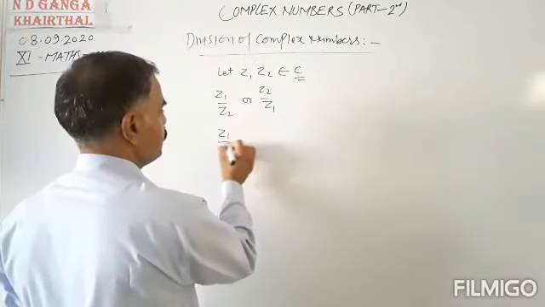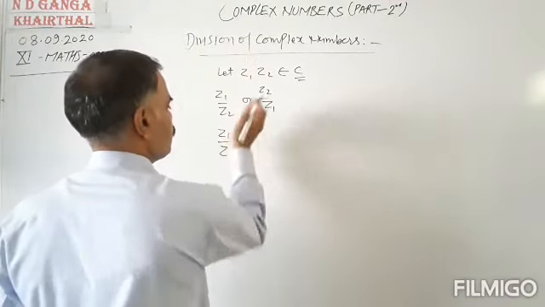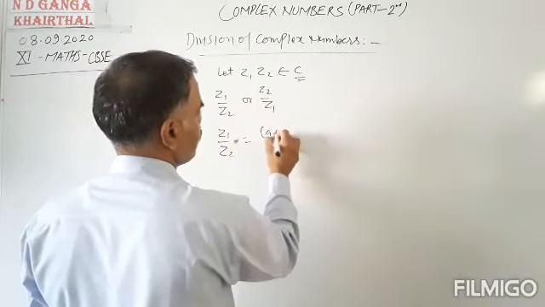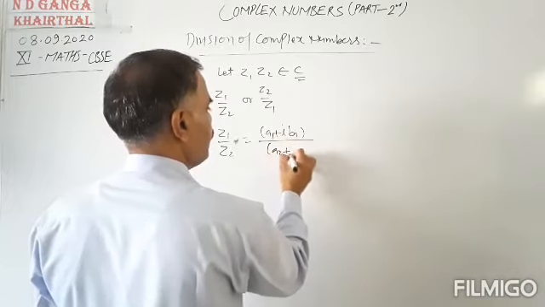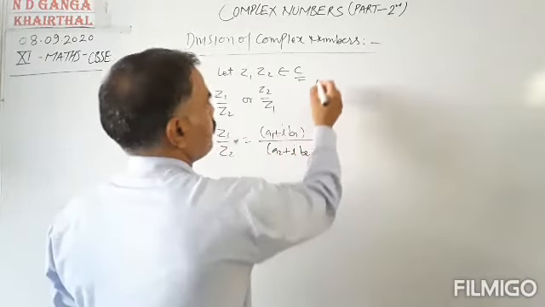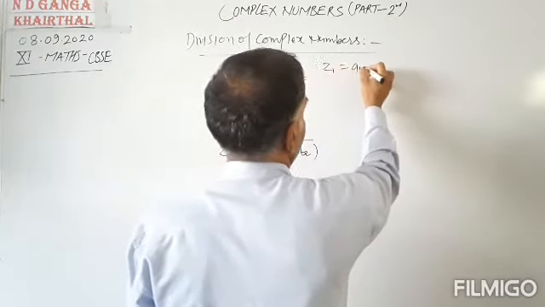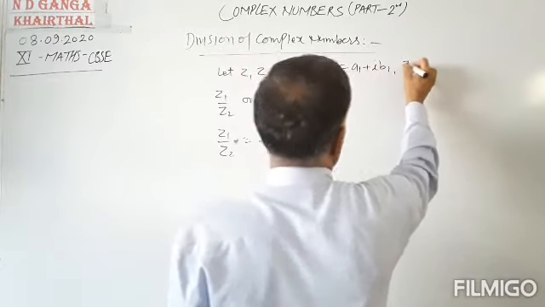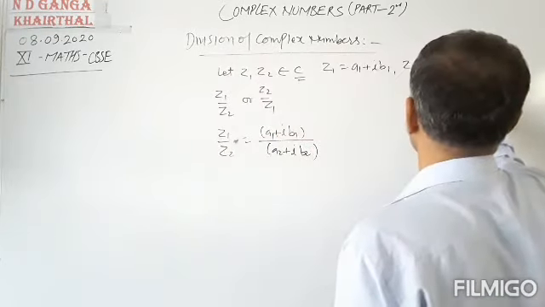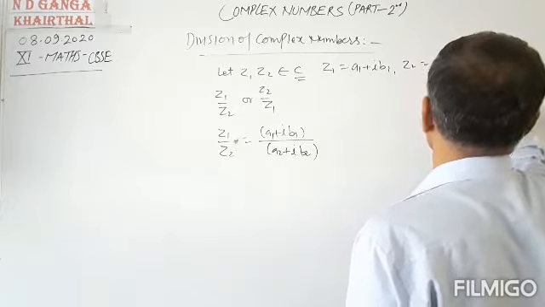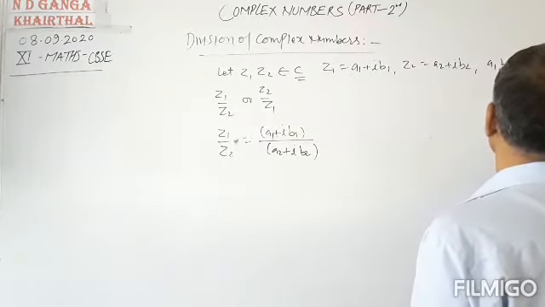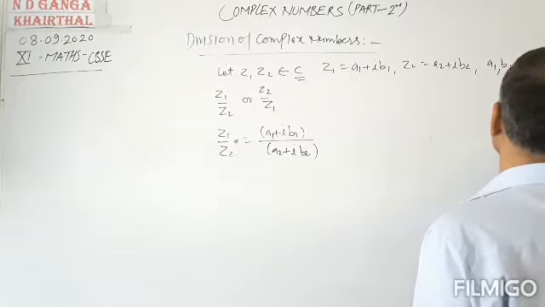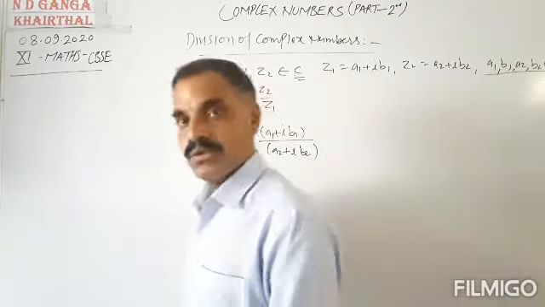That is z1 upon z2, and z1 upon z2 equals a1 plus iota b1 divided by a2 plus iota b2. Here z1 equals a1 plus iota b1 and z2 equals a2 plus iota b2, and a1, b1, a2, b2 belong to the set of real numbers.